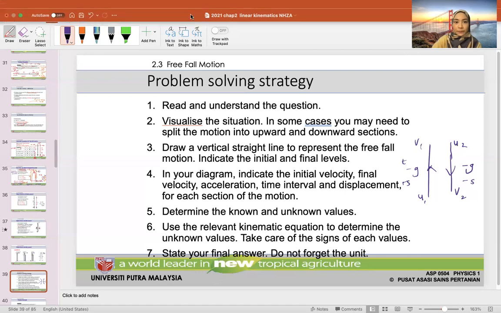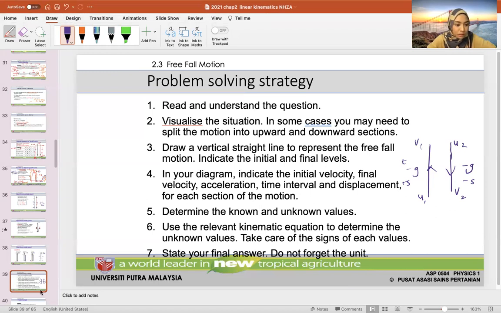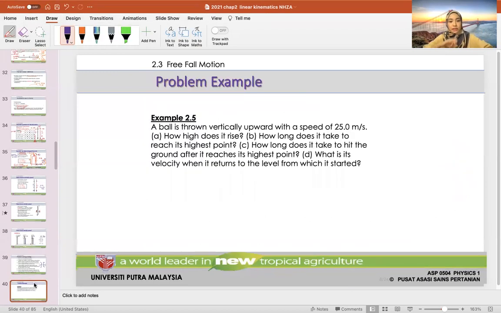Then use the relevant kinematic equation to determine the unknown values and state your answer. Do not forget units. Okay, so let's do this example.